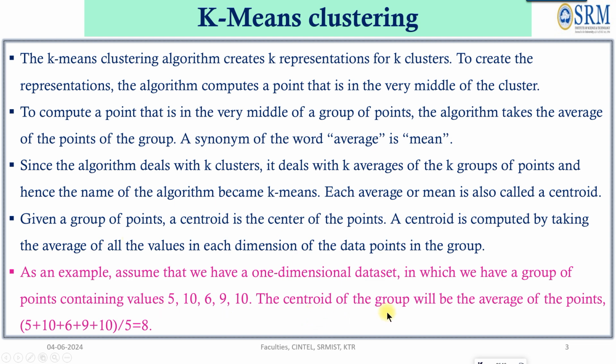The centroid of the group is the average of the points: add all the data points together and divide by the total number of points. Here we have 5 numbers, so 5 plus 10 plus 6 plus 9 plus 10 divided by 5 gives 8. So for this one-dimensional data, the centroid value is 8.